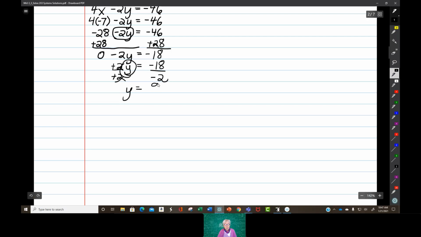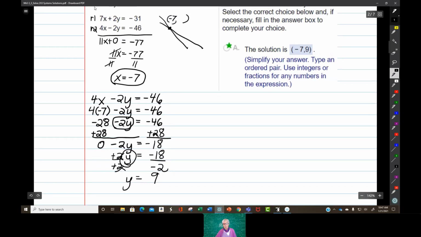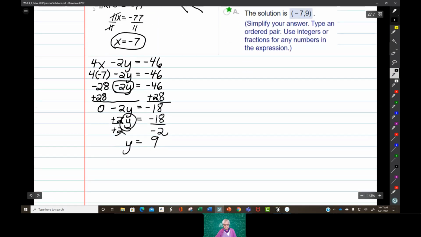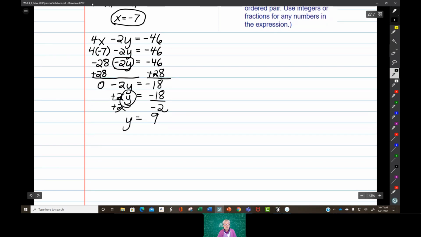So y equals 9. That's a good reason to not go off on a tangent when you've only added 28 to both sides. I should have waited till I had added it to both sides, then come back. Something to keep in mind.